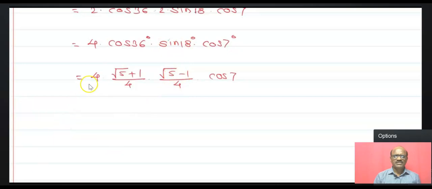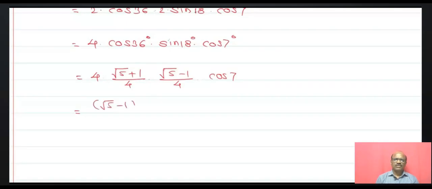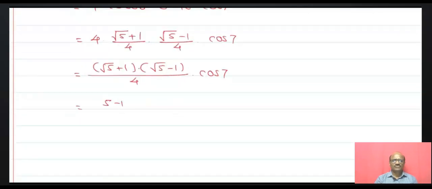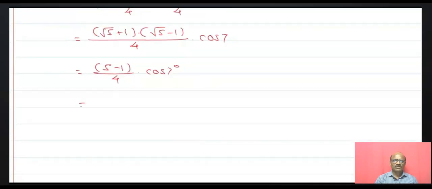Now simplify this, the 4 gets cancelled, and you will get root of 5 minus 1 into root of 5 plus 1 upon 4. That is 5 minus 1 upon 4 into cos of 7. 4 upon 4, that is cos of 7 degree.